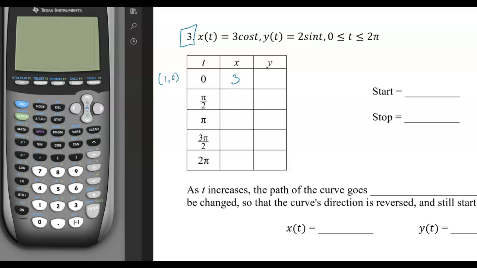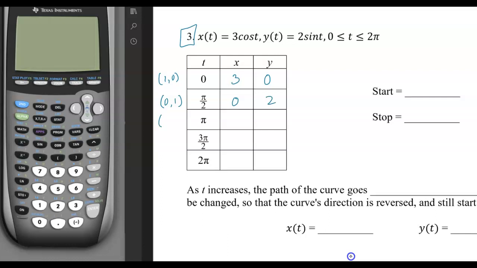So I multiply that 1 by this 3 and I get 3. What is our y value? 0. Good. At the 90 degree angle, the point on the unit circle is 0, 1. So what is our x value? 0. What's our y value? 2. Good. We're getting it.